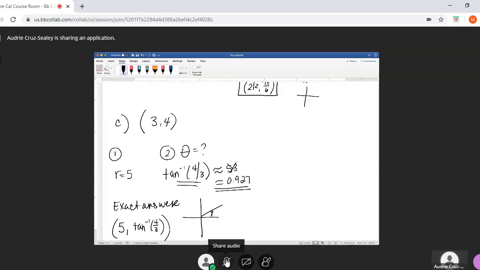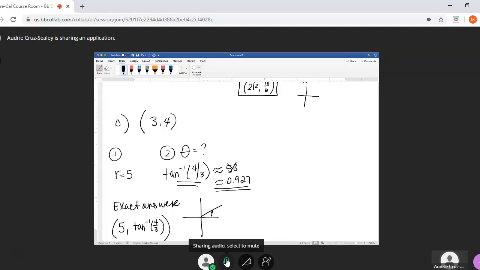That's your answer. That's what you would type into WebAssign. Does that make sense? Because it doesn't want a decimal. So if it doesn't say to round, you're actually going to type that in.